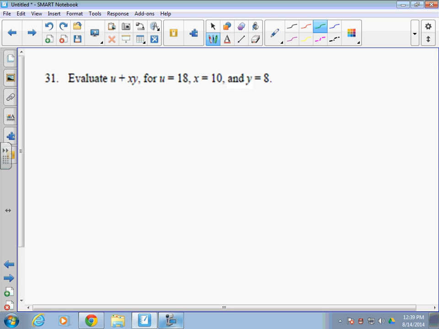31 says evaluate U plus XY when they give you these values. U's value is 18, so U, which is 18, plus, and then in place of X, we got 10, and then it says it's right next to Y, which means times, so in place of Y is going to be 8.